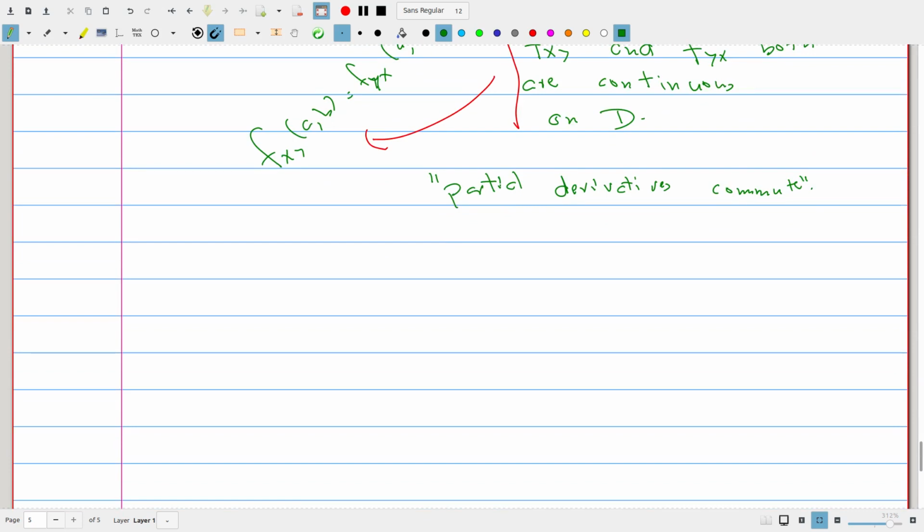You have fxy equals fyx equals partial square f over partial y partial x, and this is equal to partial square f over partial x partial y. So both are equal.